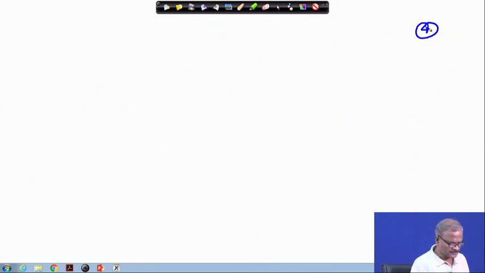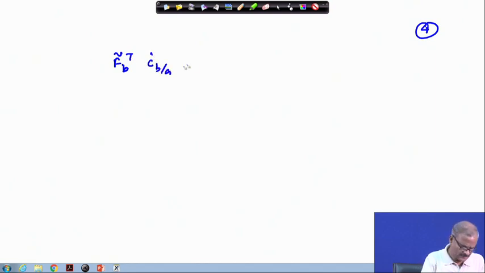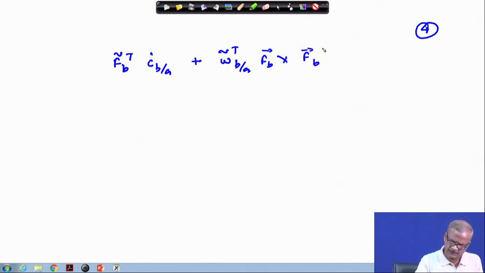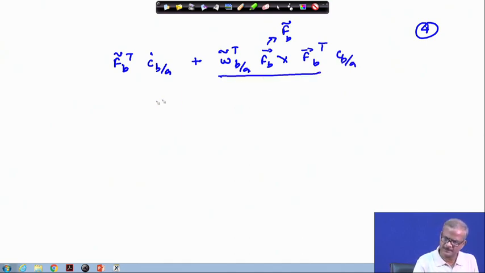So, inserting this in the equation that we have written, our equation was F tilde B transpose times C dot B slash A plus omega tilde transpose B slash A F B cross F B transpose, either you can write both ways in terms of tilde also, it does not matter here, and the quantity from here to here right now we have derived this.